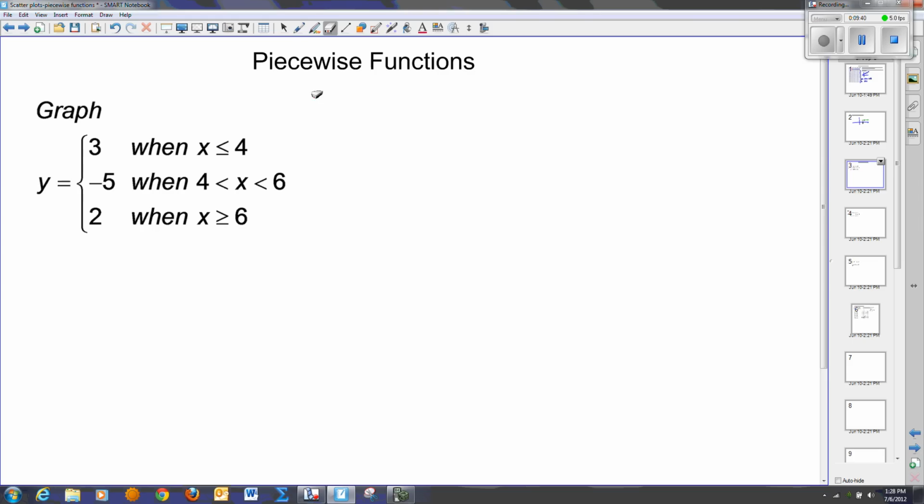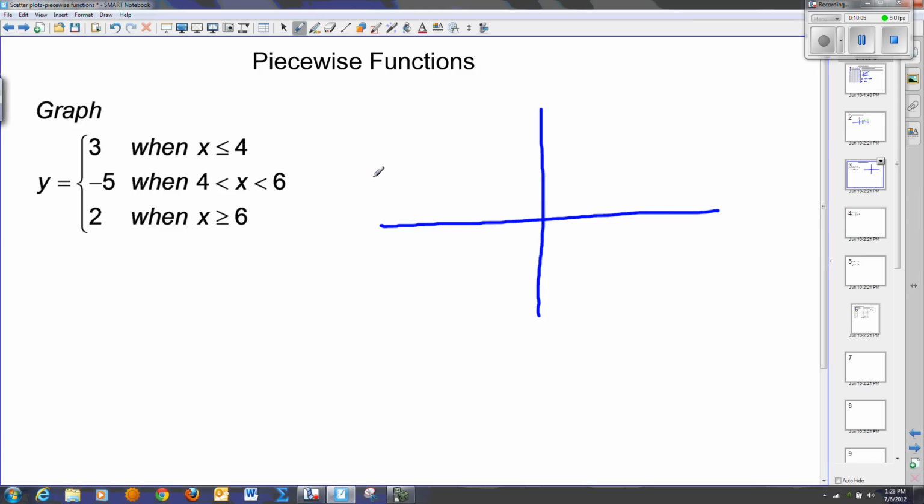Piecewise functions are a set of functions combined together over different intervals. Again, we're going to draw an XY graph. Over on the left, we have what a piecewise function looks like. It asks me to graph a bunch of horizontal lines, y equals 3, y equals -5, and y equals 2, during these intervals.